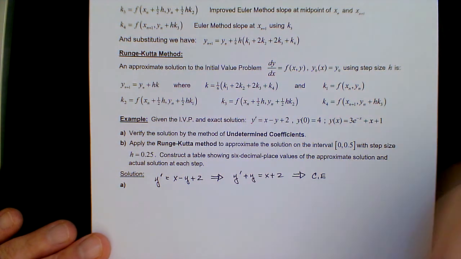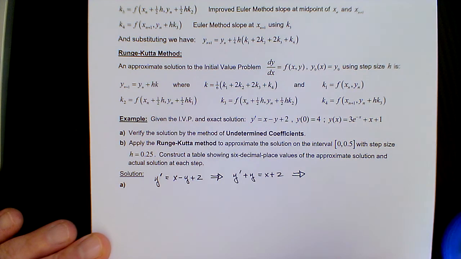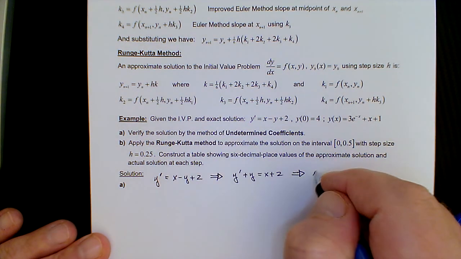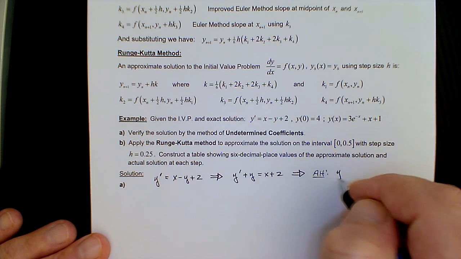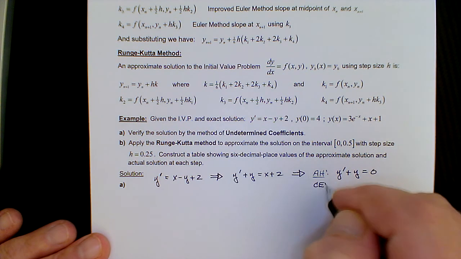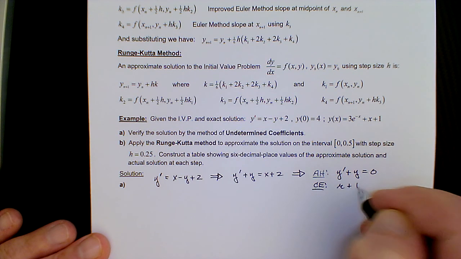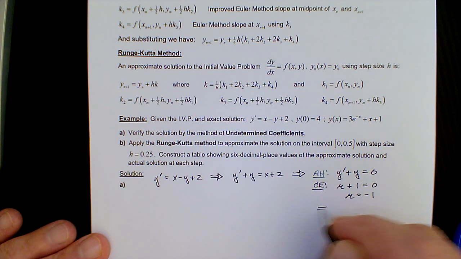Actually, I'm sorry, since that's non-homogeneous, before the characteristic equation, we need the associated homogeneous equation, and that would be just setting it to 0, of course. Okay, now the characteristic equation. So r plus 1 is 0, r is -1.